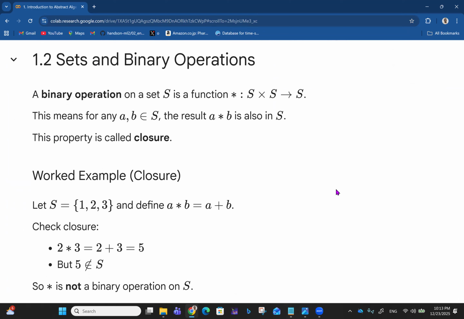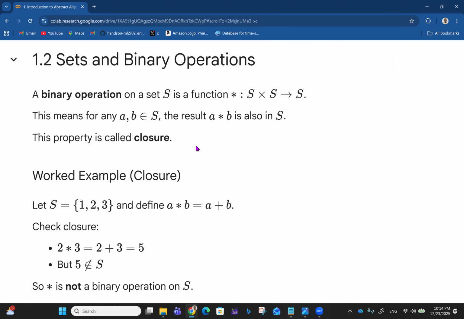Imagine you have a given set S. A binary operation on that set S is a function such that when you carry it out on two elements in S, the answer you end up getting also belongs to the same S. This means that for any a and b belonging to S, the result of a * b (a asterisk b) will also be in S. And this property is called the closure property.